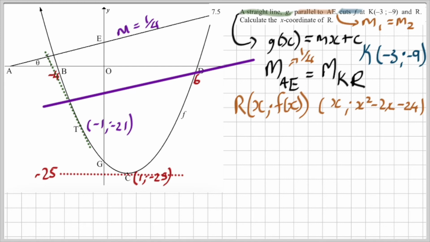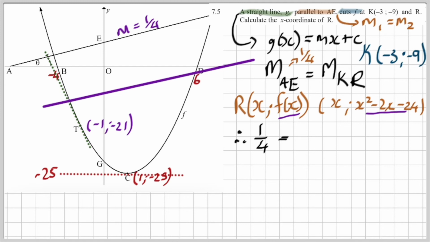So in other words, fx is x squared minus 2x minus 24. I know it's maybe a bit weird. You maybe haven't done it this way before, but for me this is so simple, because all I'm going to do now is actually get the gradient between K and R using these equations.